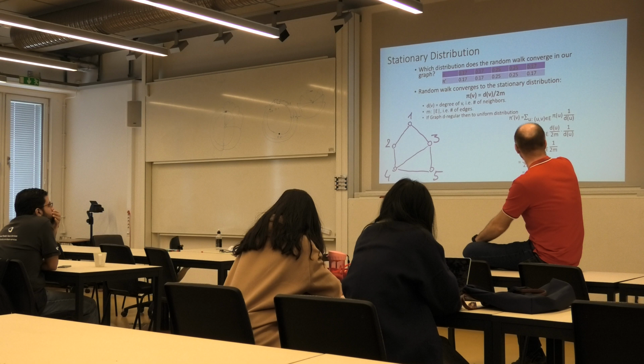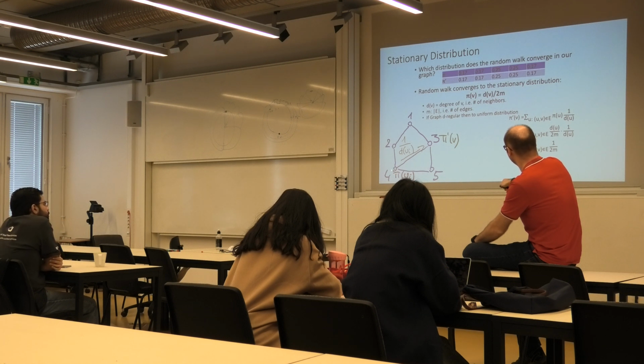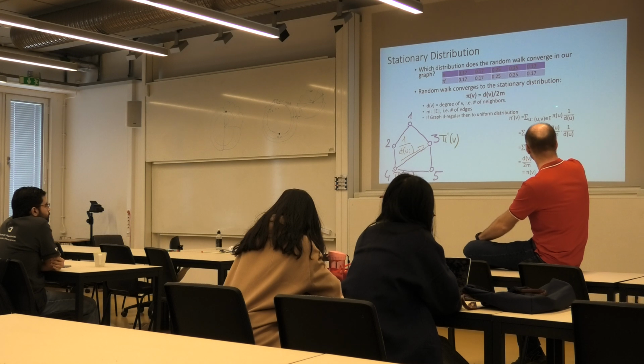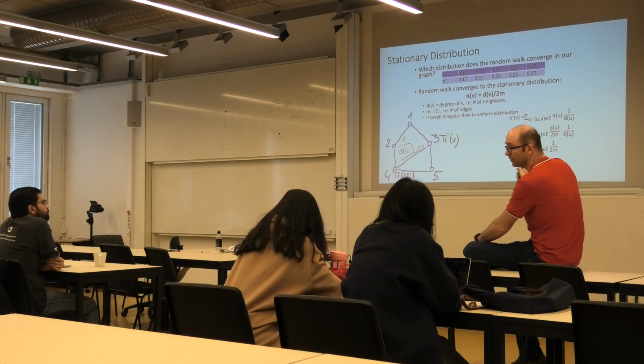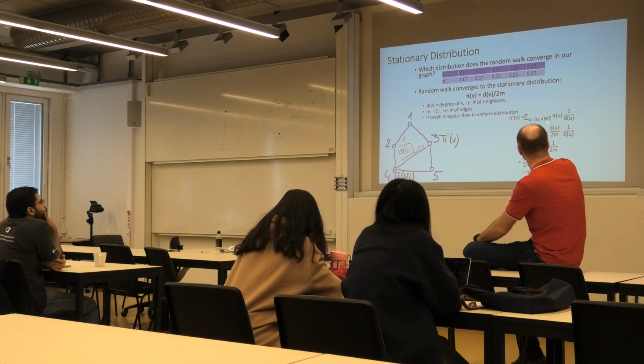So now what happens next? For example, this one will take the pi of friend 4, divide by d of 4, and we sum it up to the final destination. Now we had the assumption that pi of u is proportional to the degree, so we can plug it in here.